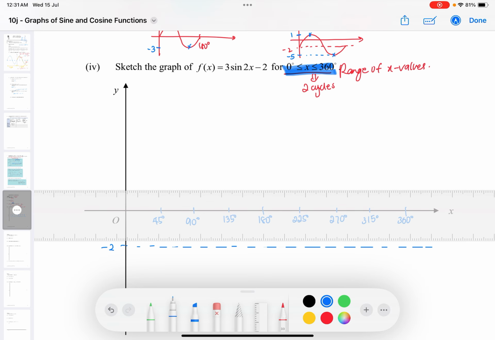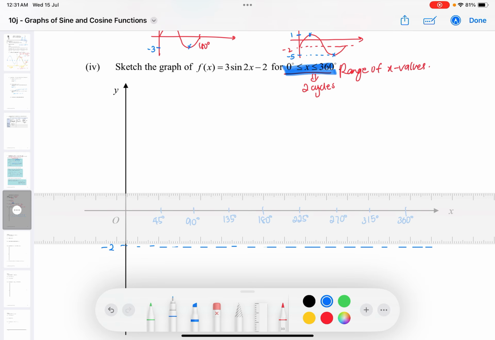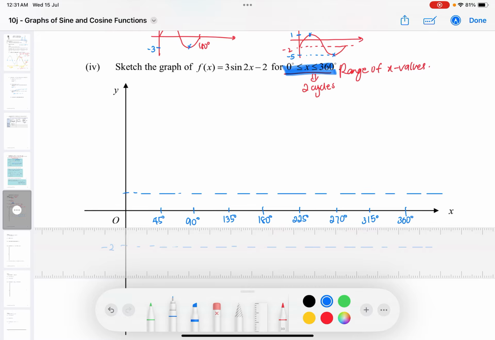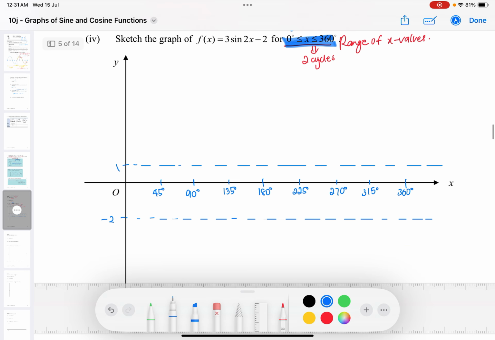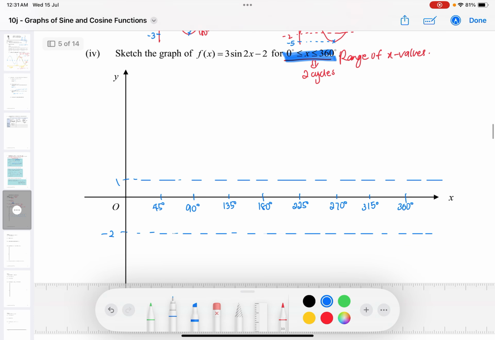And then we have the maximum at 1, so somewhere here. Sorry, draw a dotted line, and this is at 1, and then the minimum is at -5, so somewhere here.